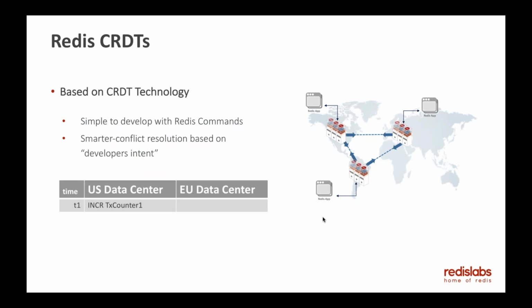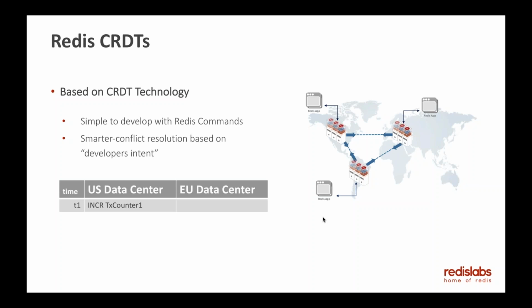Finally, the Redis CRDTs are extremely simple to develop with because of this CRDT technique. It may seem with the acronyms, etc., that it's very academic, but the fundamental reason we use CRDTs is because developing applications with CRDTs that are active-active is extremely simple, and I'll give you another example here.